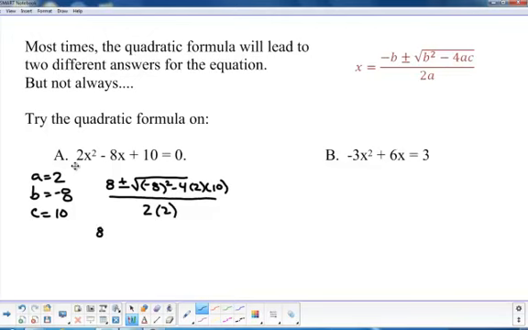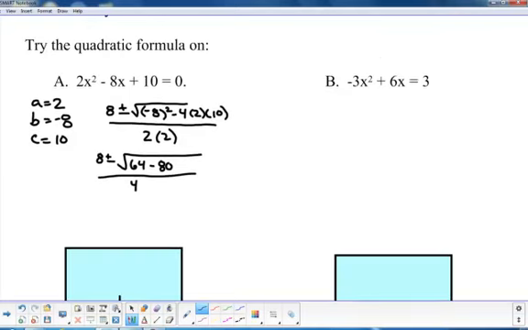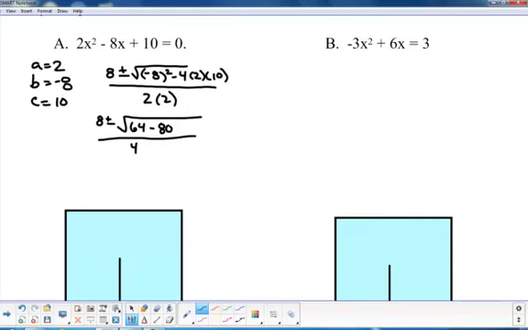So 8 plus or minus 64 minus 80 divided by 4. Now, under the square root, this time we have a negative because 64 minus 80 is negative 16.